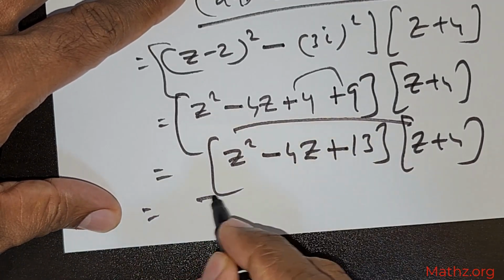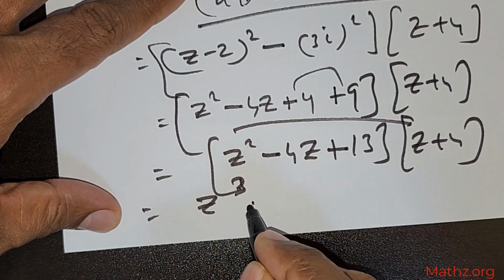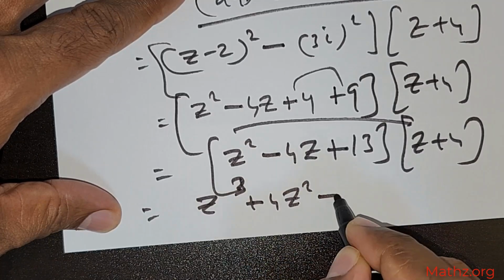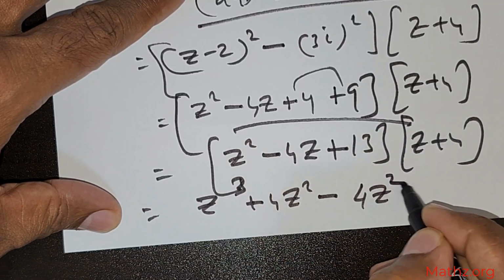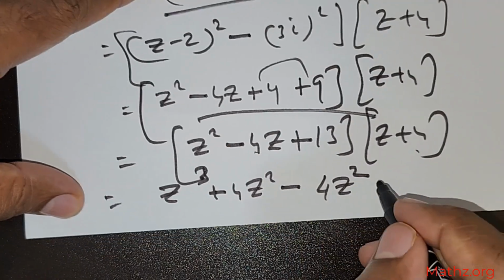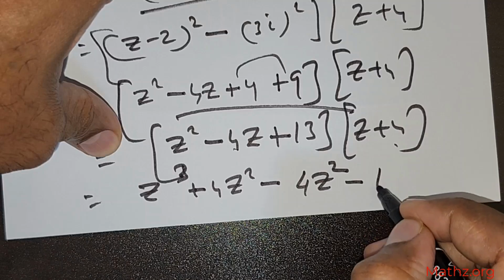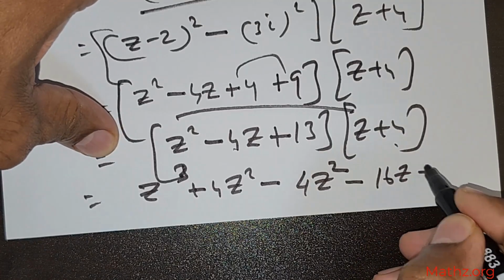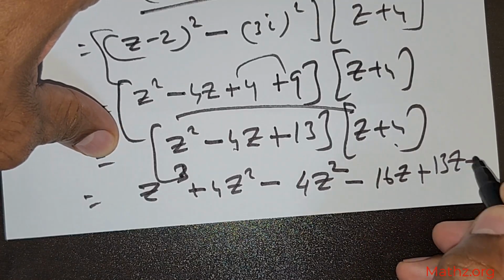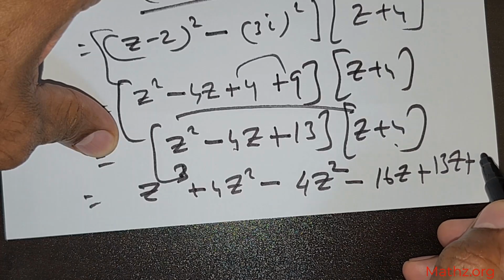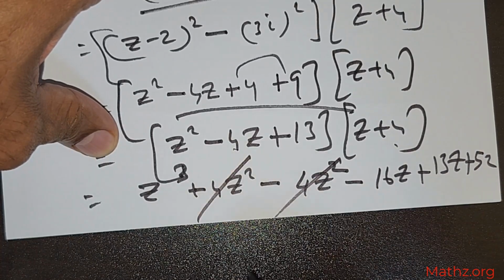So you multiply everything. This is going to be z cubed plus 4z squared minus 4z squared, and then you have negative 16z, and then you have 13z, and then you have 52.